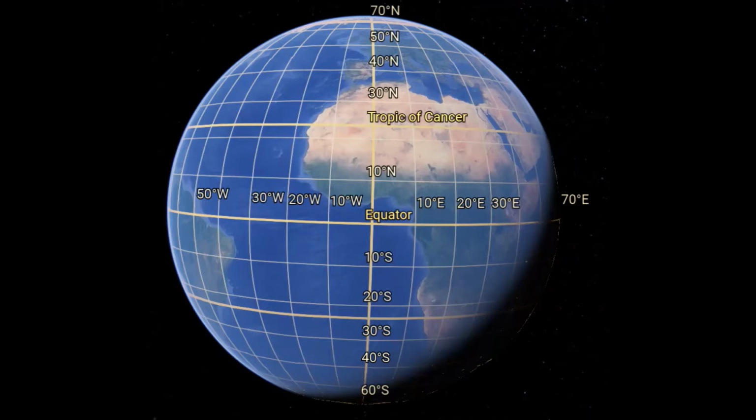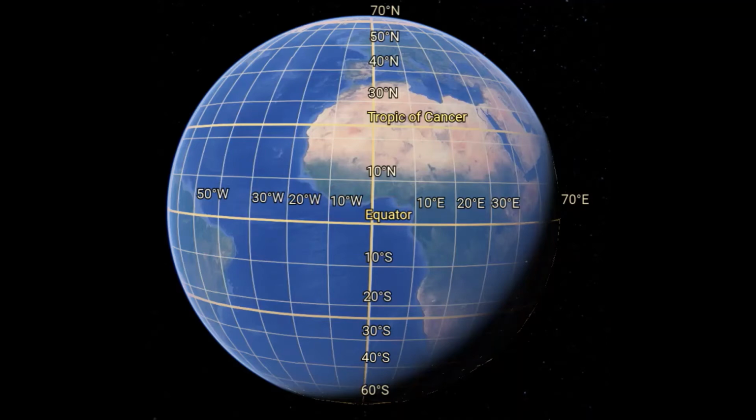And then for longitude, I'm using the prime meridian here, and even though it is not specifically named here, I am highlighting it to show you where it is, and that's just moving east and west. So if we're going to go east, it's also 10 degrees. So prime meridian would be 0, then you just move over 10 degrees.